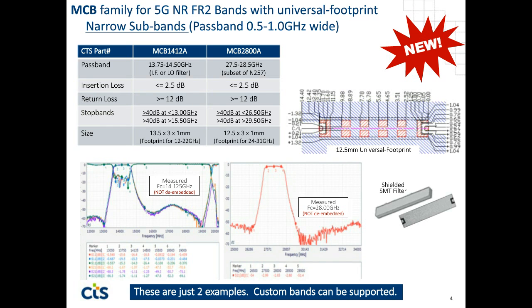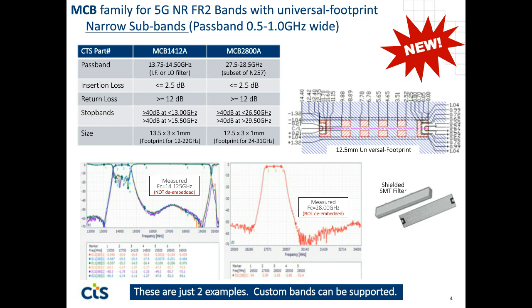For instance, if you have an 800 meg channel or a 1 gig channel or frequency allocation from a customer service provider, and that particular network operator only wants their passband allocated and provide as much close-in rejection as is possible into the neighboring subbands within the 5G NR band.